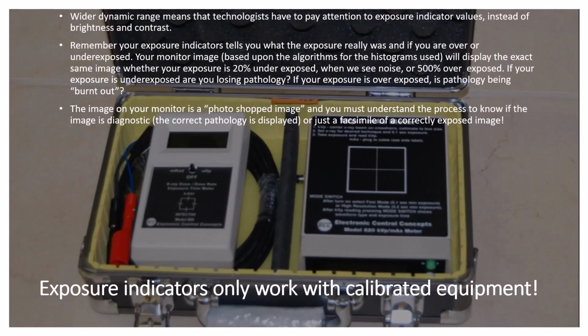For digital imaging, exposure indicators only work with calibrated equipment. This is important because with digital image, you have a wider range of shades of gray. That means that the technologists have to pay attention to exposure indicator values instead of brightness and contrast of the image that they see on the monitor, which has been corrected by the computer.